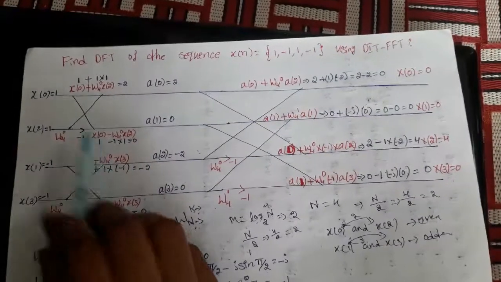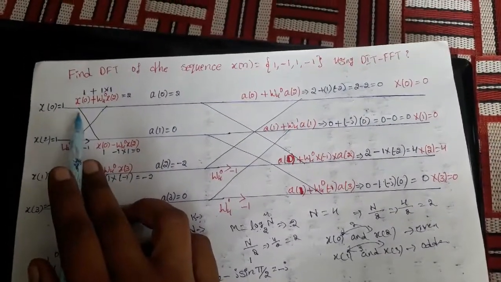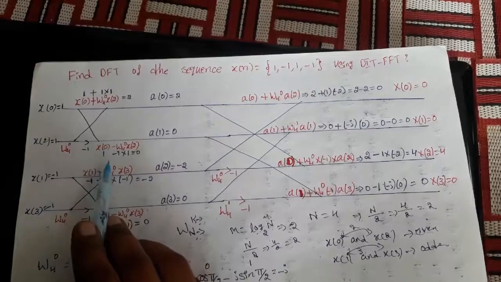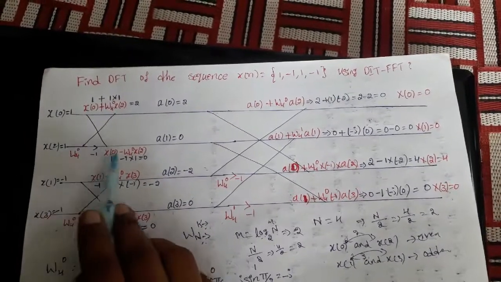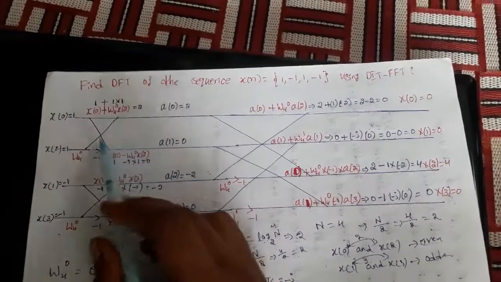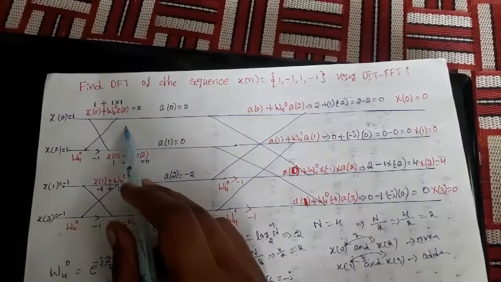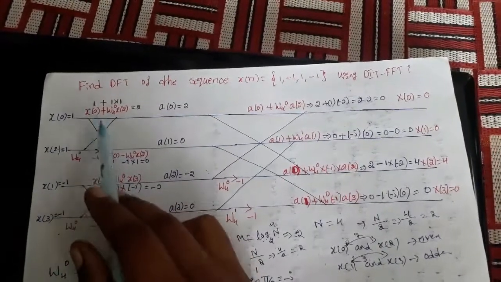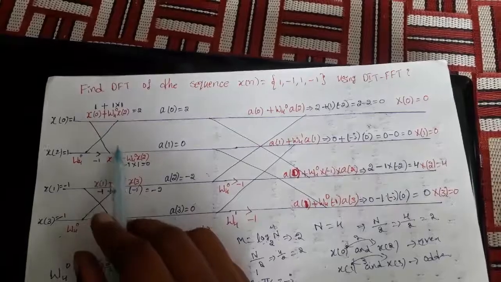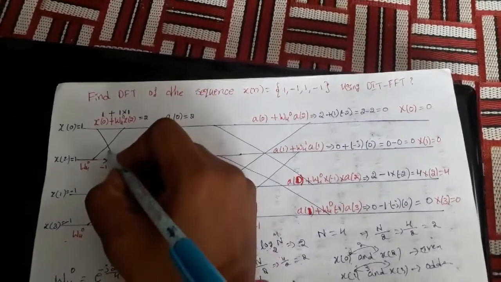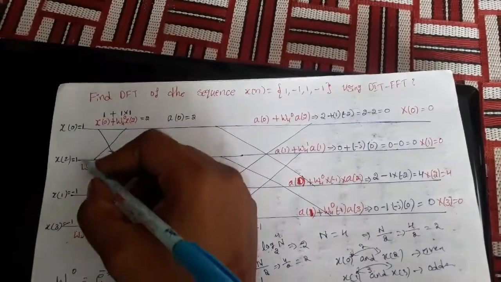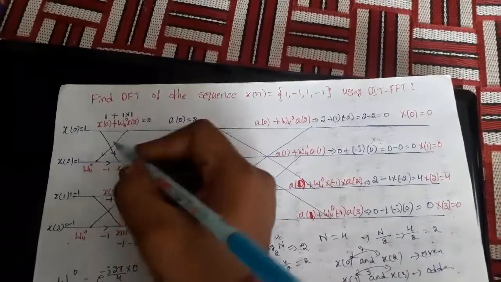Next, here x of 0 is connected to x of 1. The butterflies are connected to each other. In the butterfly, x of 0 flows in this direction and x of 2 flows in this direction.